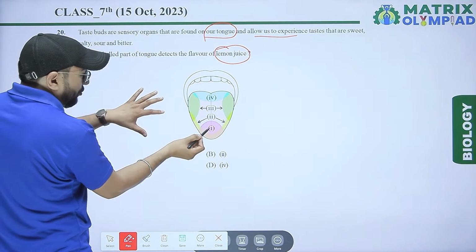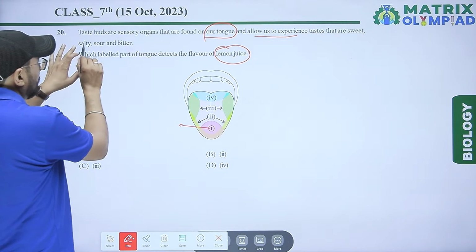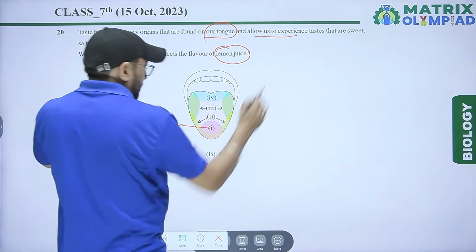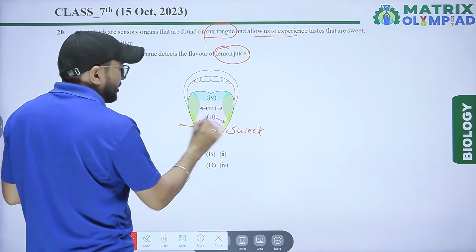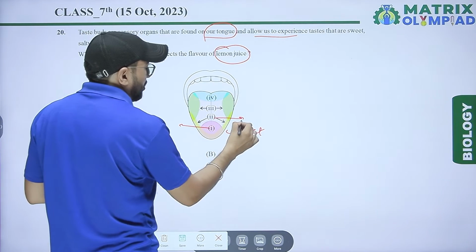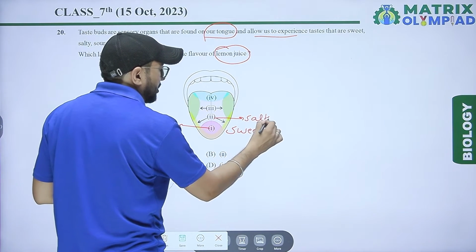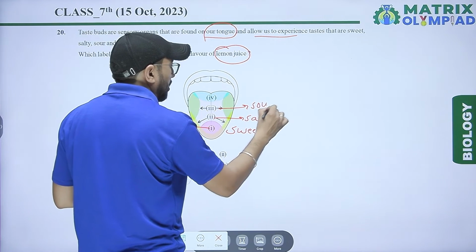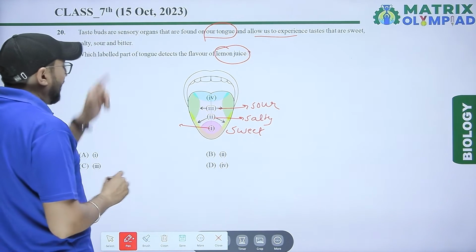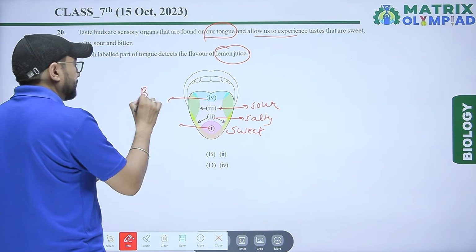In this one, that shows sweet. Next, second shows salty. Third shows sour. And last one shows bitter.